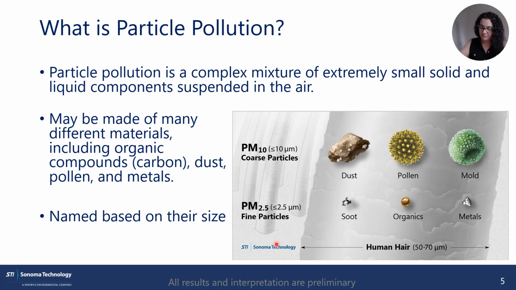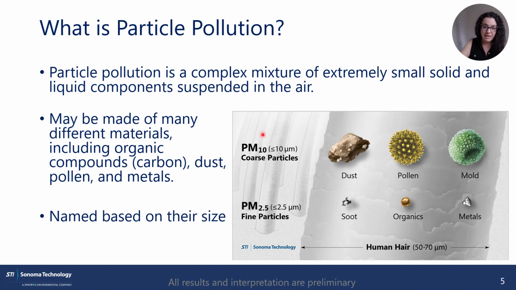And you might be thinking, what the heck is a micrometer? Micrometers are really hard to think about because we don't often think about that tiny of a scale. So what we can do is think about something that we do understand, which is a human hair. The width of a hair is usually about 50 to 70 micrometers in diameter.